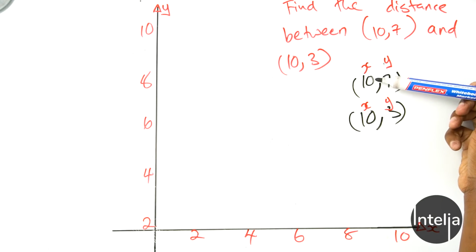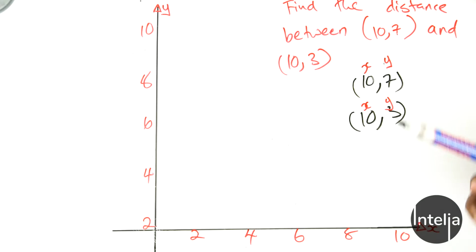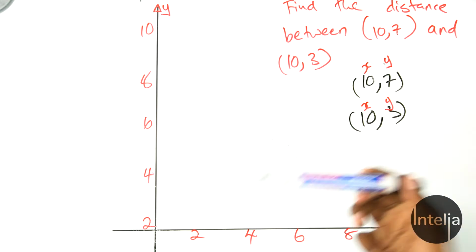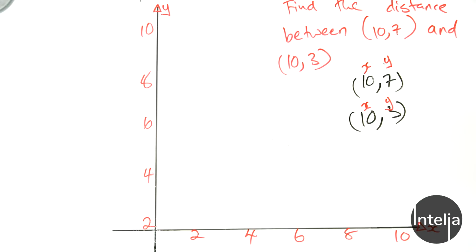So the 10 here is from the x-axis and the 7 here is from the y-axis.